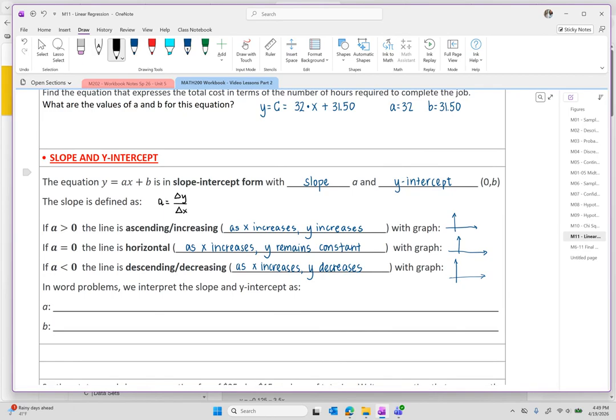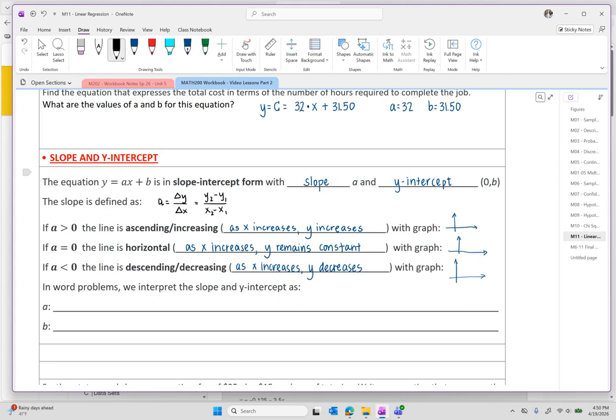The notation here is the Greek uppercase delta for difference. The difference in y is y2 minus y1 between the y's of 2 points, divided by the corresponding difference x2 minus x1 of their x coordinates. This is called the slope, and it basically tells us how y changes for every unit of change in x.